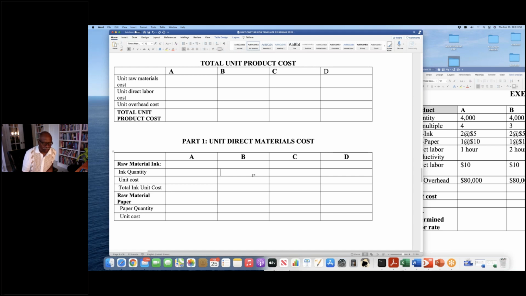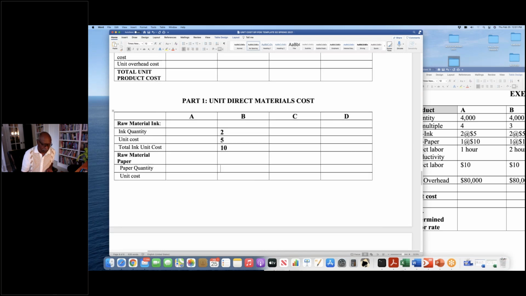Okay, for the ink raw material, the quantity was 2 and the unit cost was 5. So that's 10 for the total. And then for the paper, the quantity was 1 and the unit cost was 10.